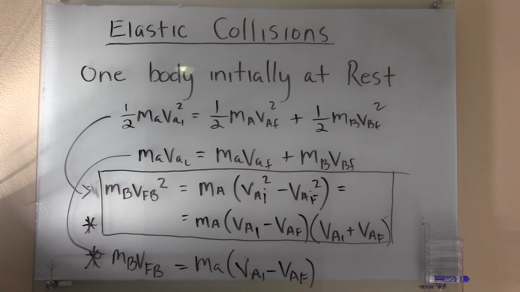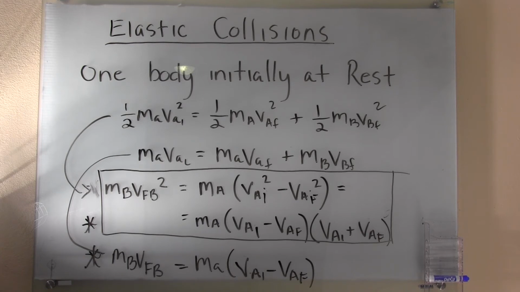Then I take the equation for the conservation of momentum and rearrange the terms, so it reads the mass of the body B times the velocity final of B equals the mass of A times velocity initial A minus the velocity final A. Next, I'm going to divide one equation by the other.